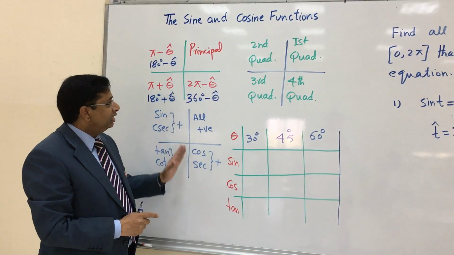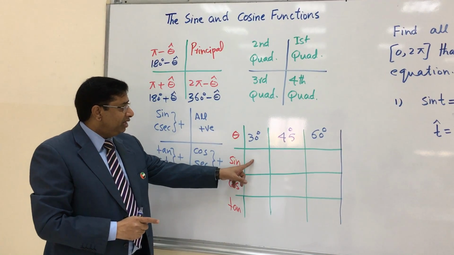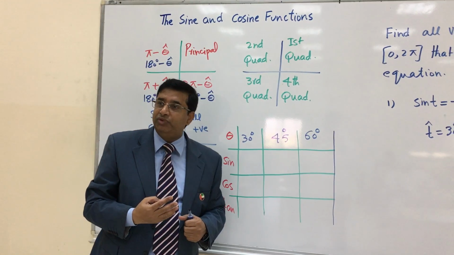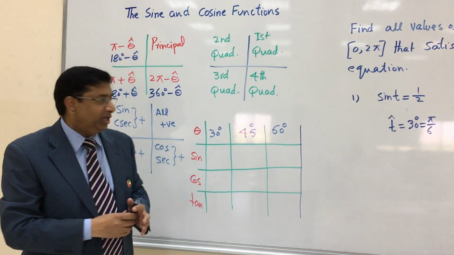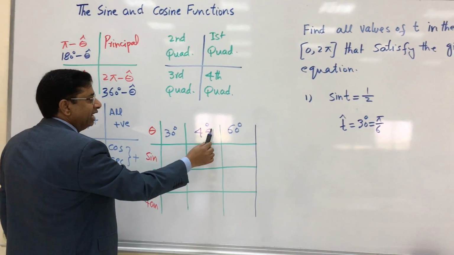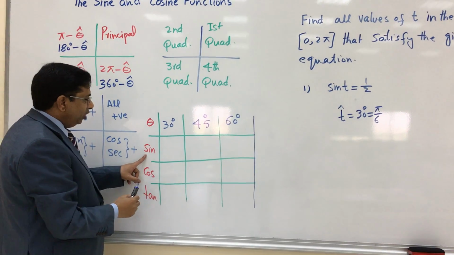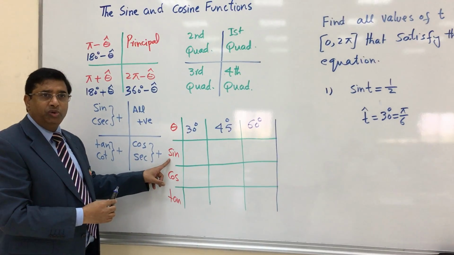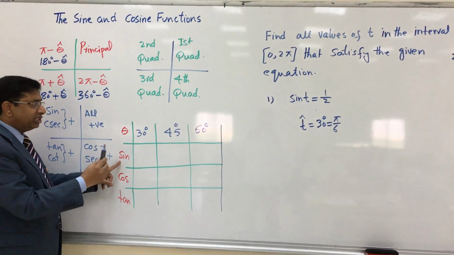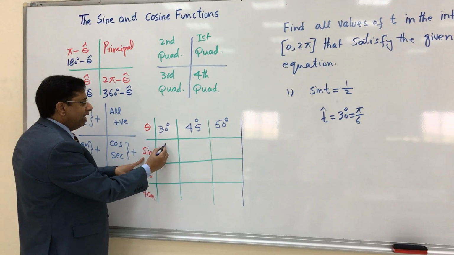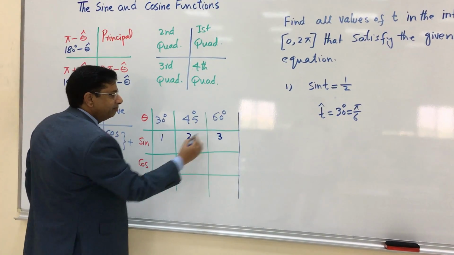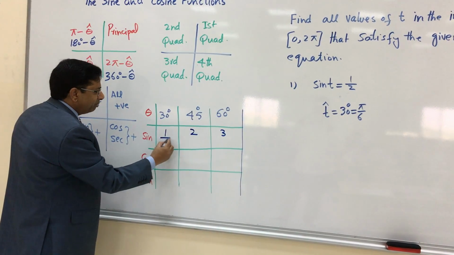So these 3 tables, along with the values of this table. The main important values we are using here are for 30, 45 and 60 degree. The value of sine at 30, 45 and 60 we want to know. How to construct this table? For constructing this table, we write here 1, 2 and 3, easy to remember.